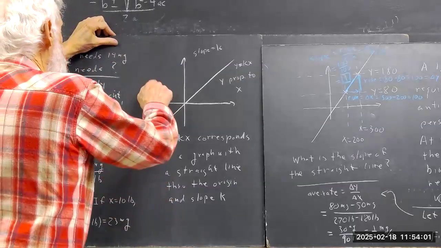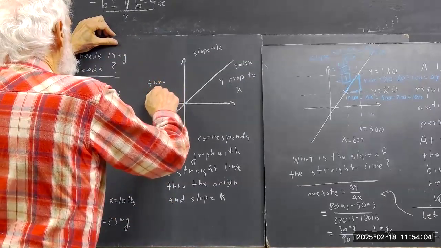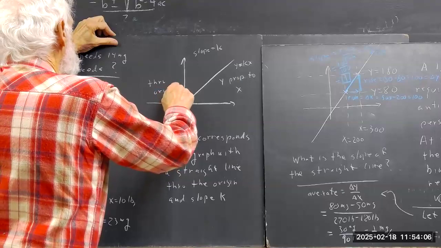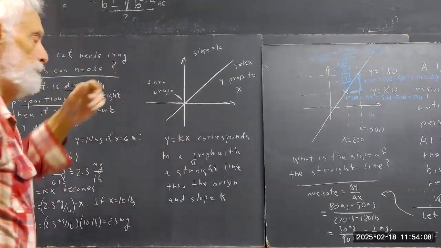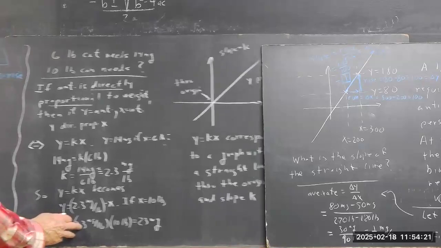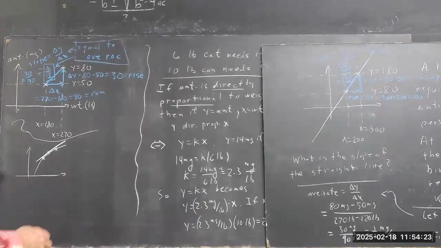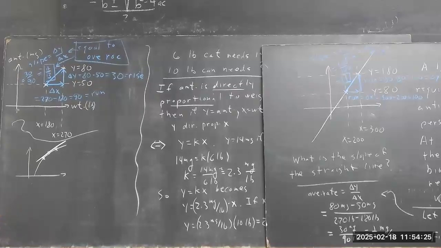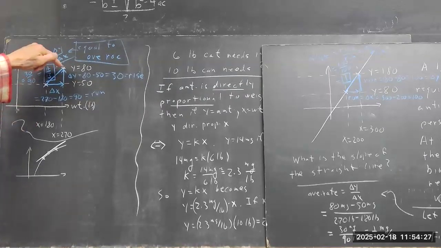And through the origin. Okay. So now this really tells you how many milligrams you need for every pound. If we go back to the... where's the problem? The straight line through these points doesn't go through the origin.